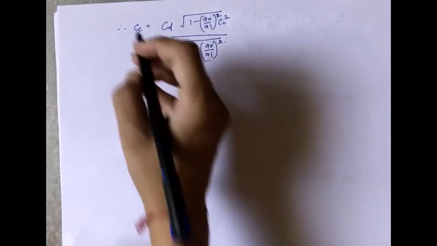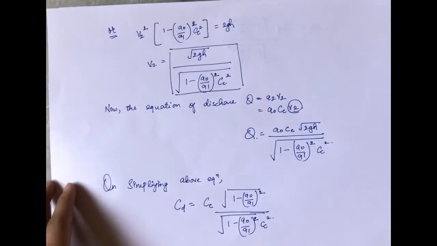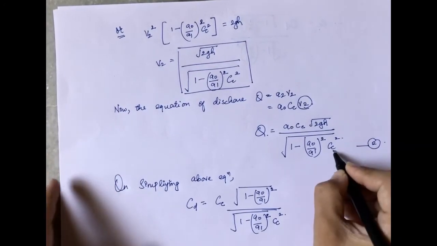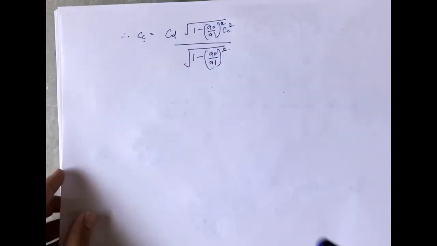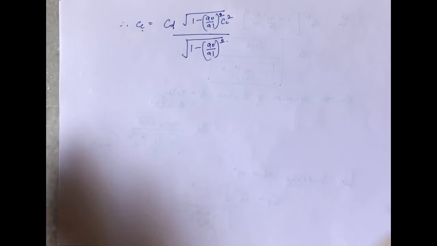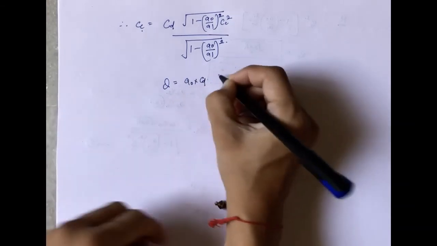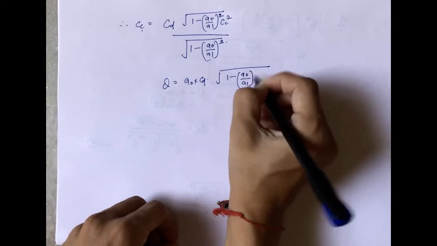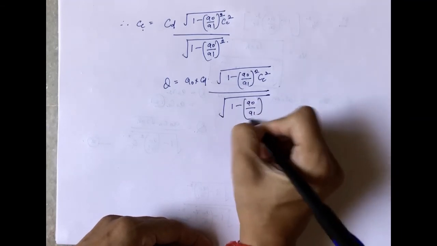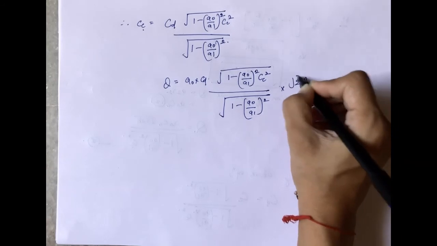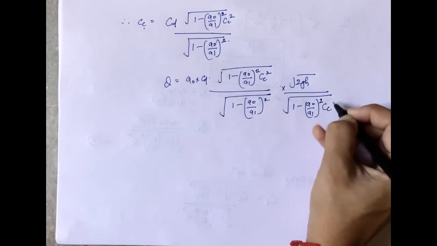Substituting the value of the coefficient of contraction Cc in the equation of discharge, equation number 2, we will get Q is equal to A0 into Cd under root of 1 minus A0 upon A1 whole square Cc square upon under root of 1 minus A0 upon A1 whole square, into under root of 2gH upon under root of 1 minus A0 upon A1 whole square into Cc square.